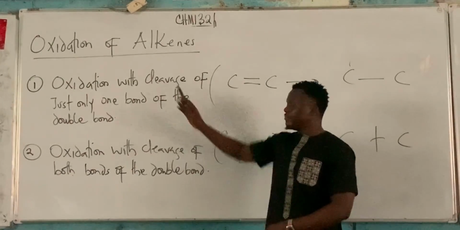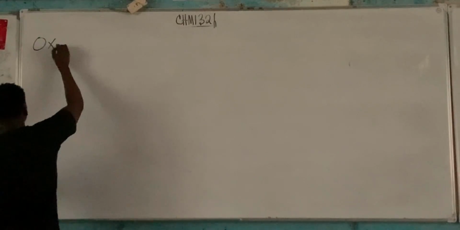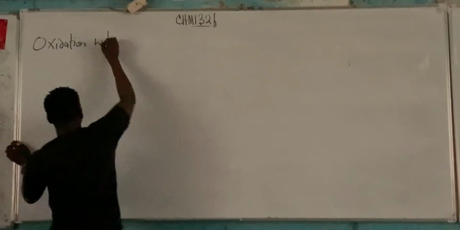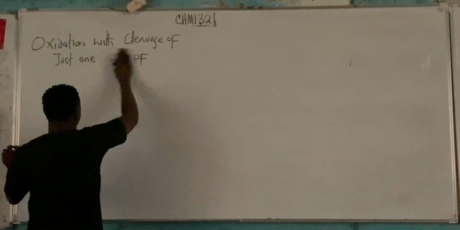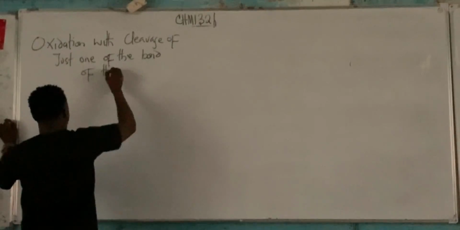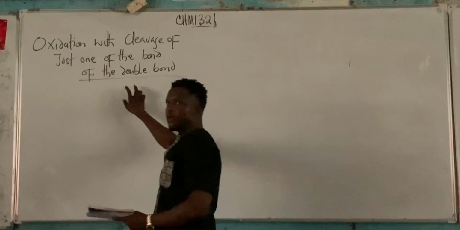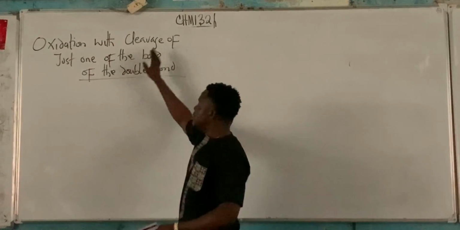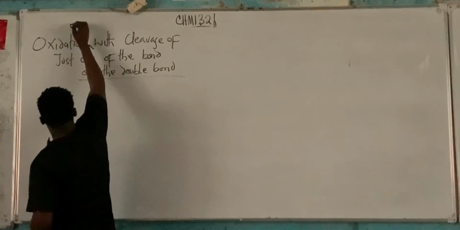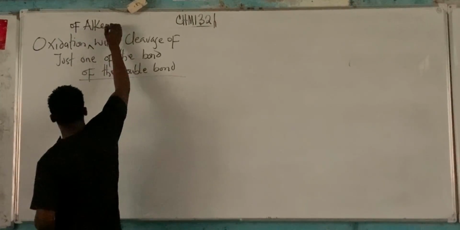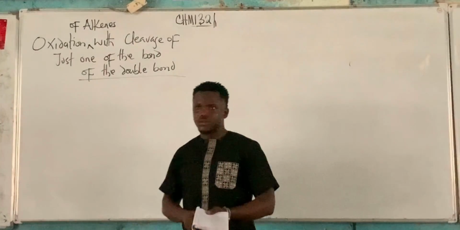All right, so let's look at this guy. Oxidation of alkenes with cleavage of just one of the bonds of the double bond.